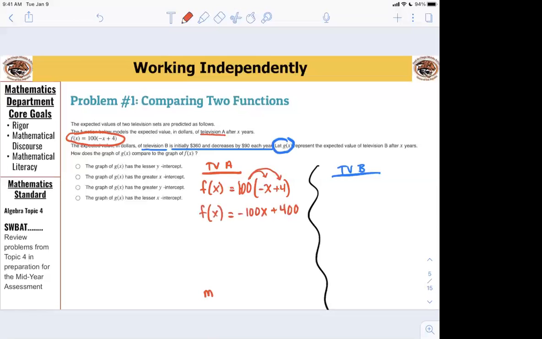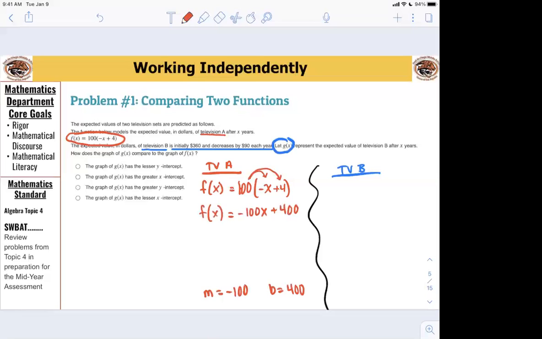So I know my slope is what? 90? For television A. Oh, negative 100x. Yeah, negative 100. I thought we were focusing on TVB, my bad. Oh, no worries, you're good. So I know the slope is negative 100. I know the y-intercept is 400. But I don't know the x-intercept, right? So that's the other thing I need to find.